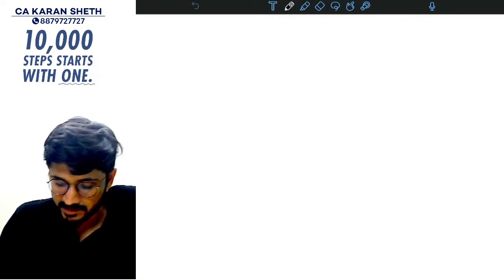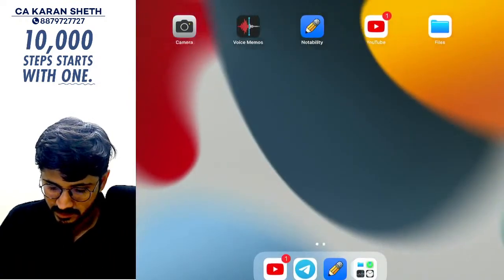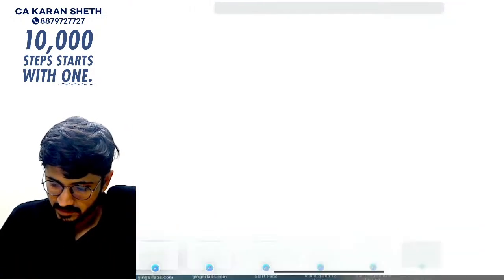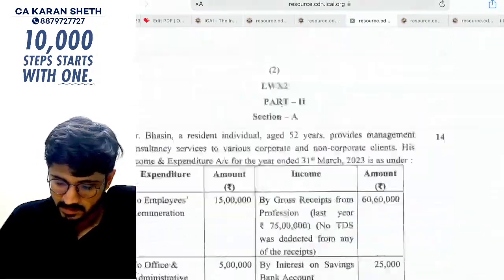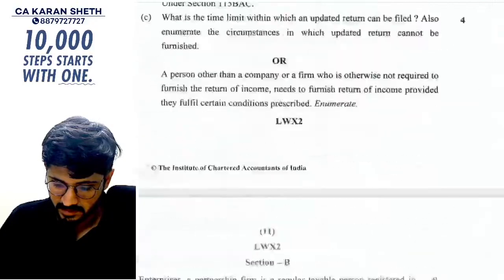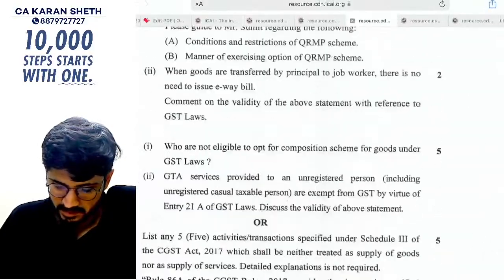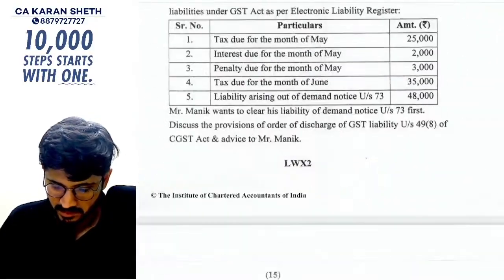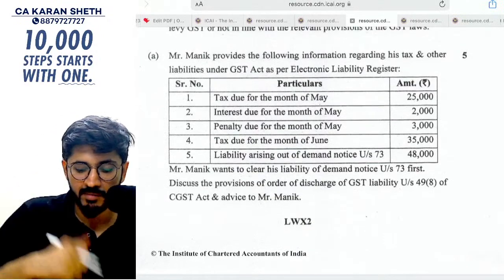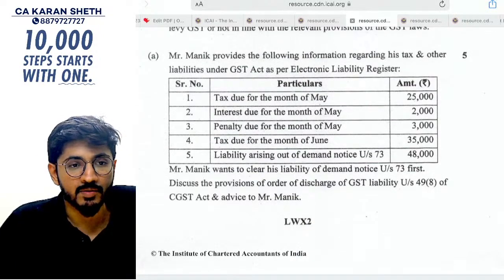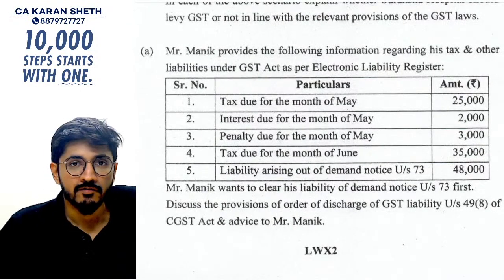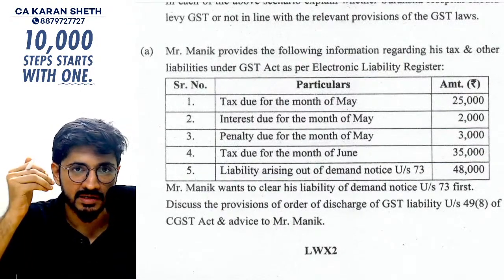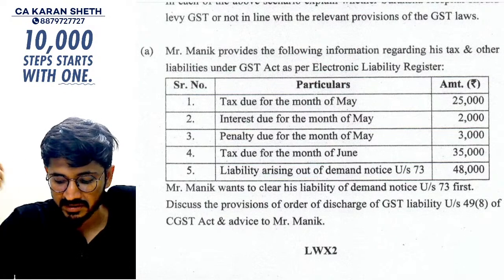Yes, let's do it. This is a 5-marker question. Tell me what will happen in this case. First we will go ahead with previous tax period, then current, and then 73, 74.